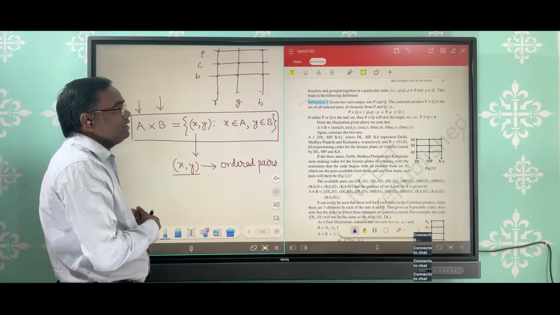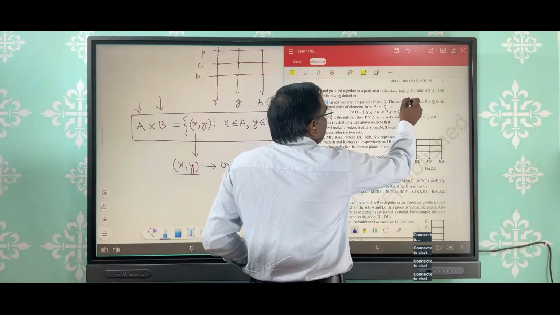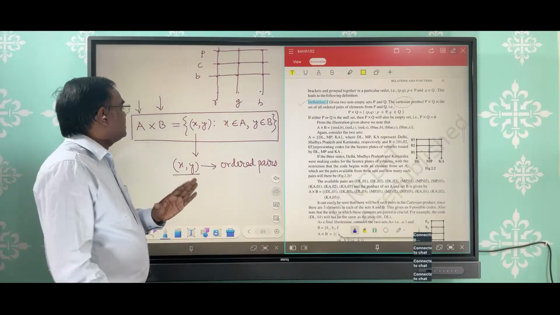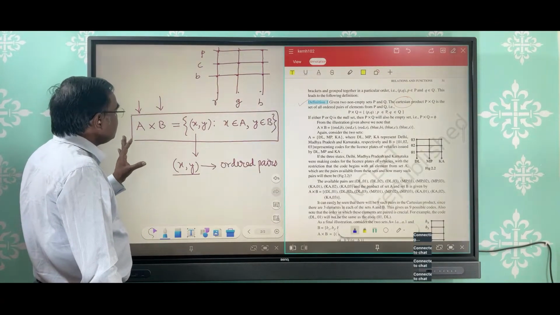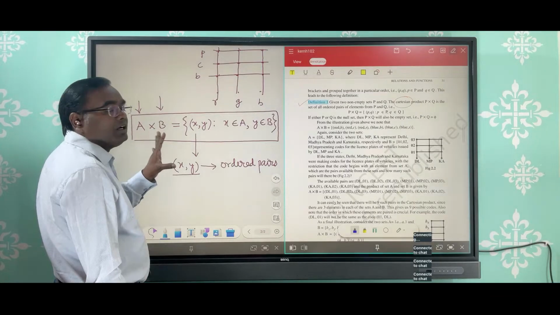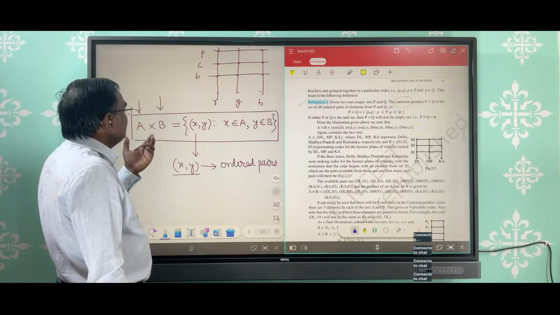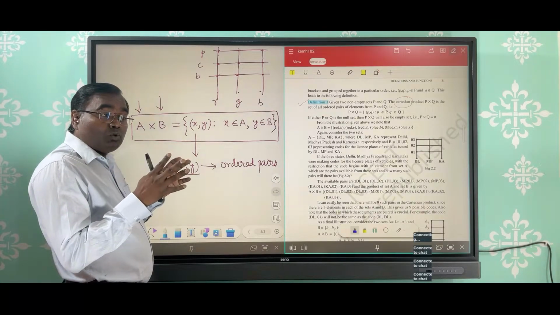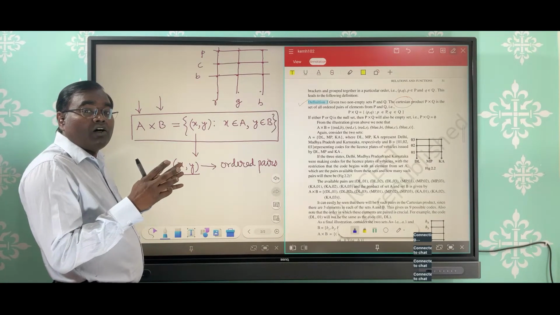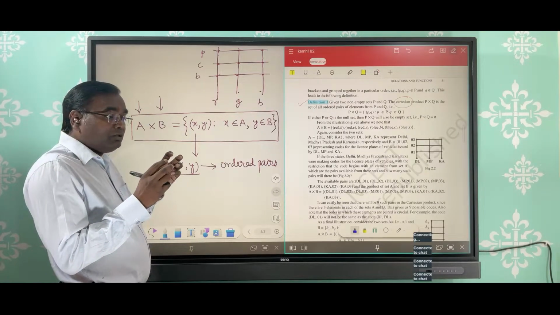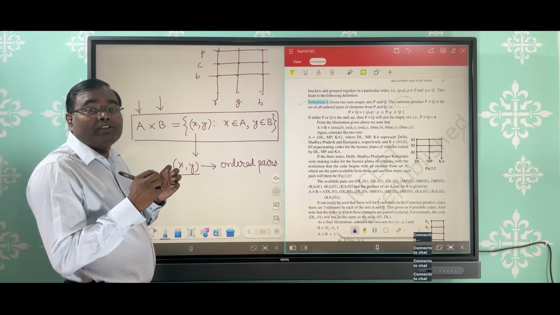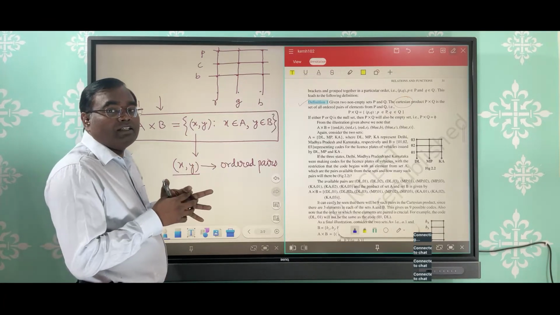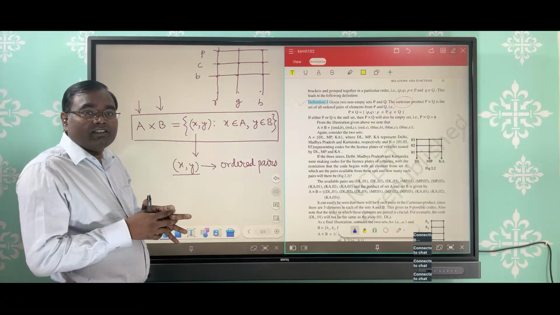Okay. Here it is written the Cartesian product. So Cartesian product and cross product are similar things. I will show you why it is called the Cartesian product also. When you get the cross product of two real numbers, you get ordered pairs of numbers, and those numbers can be plotted in Cartesian coordinates that will define the points.